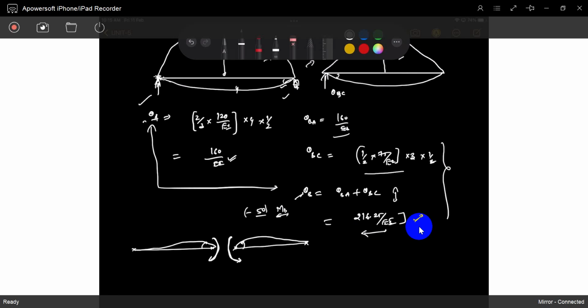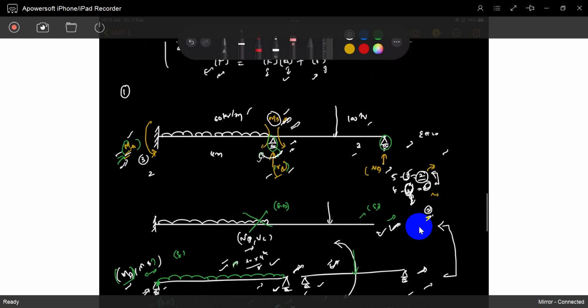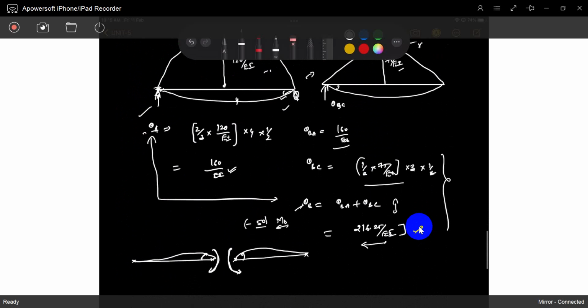That is the problem that arises. So for this purpose I took it as a hogging moment or sagging moment. If you take MB as 1, either sagging or hogging, you have to add. This will come in one direction, and this in another direction. It is the response of only MB.